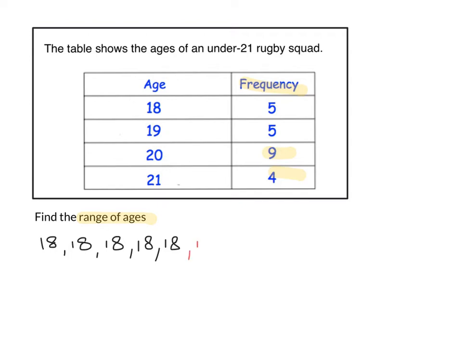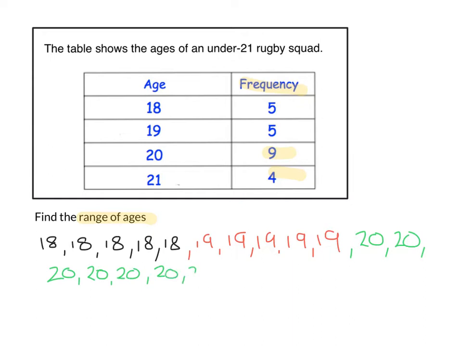So 19, 2, 3, 4, 5. There would be 9 people with an age of 20. 1, 2, 3, 4, 5, 6, 7, 8, 9. And there would be 4 people at an age of 21.